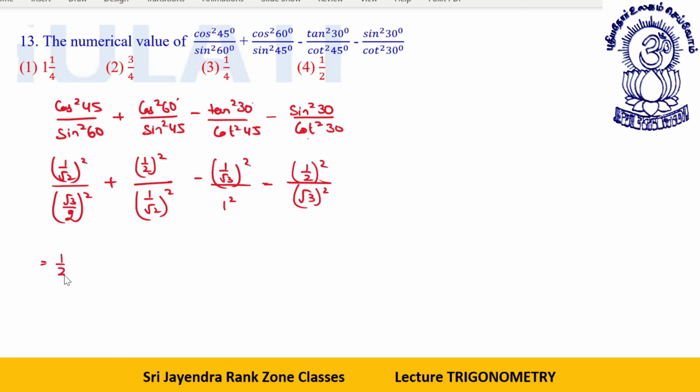(1 by root 2) square is 1 by 2. This (root 3 by 2) square will become 3 divided by 4, and this 4 will go upwards. Plus (1 by 2) square, 1 by 4. Sin 45 is 1 by root 2.